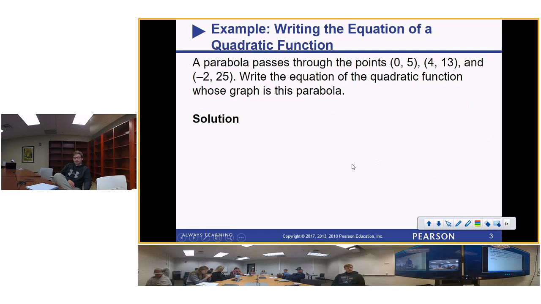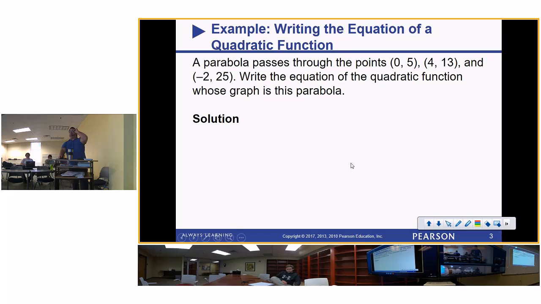A parabola passes through the points (0, 5), (4, 13), and (-2, 25). Write the equation of the quadratic function. So what do you do here?